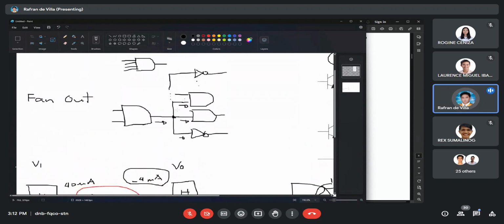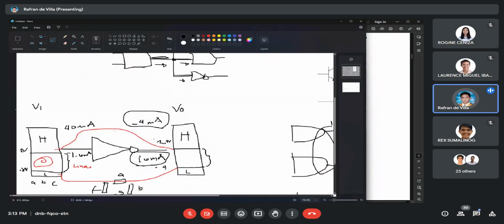So, the number of inputs that an output can drive reliably. In short, how many inputs can we connect to this output without problems in its operation? Okay? Because we are still working within the limits based on the specification. So, this is simple, guys.